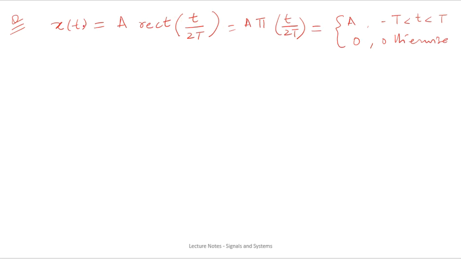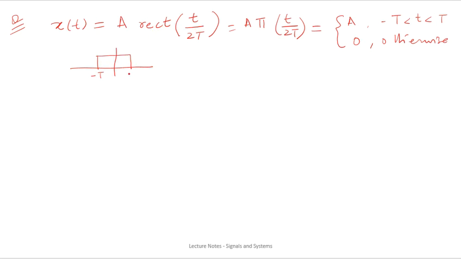Before starting the solution of this problem, let us quickly discuss this signal, which is called a rectangle signal, or in short written as rect. So rect(t by 2T) is a signal which is represented in this form.